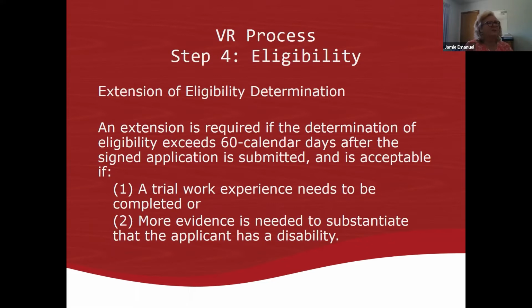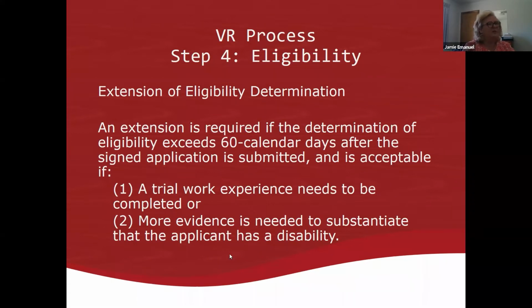If you feel that you can't determine eligibility in that time frame, but you still feel this is a good applicant who should be able to move forward with their application, then that would be the appropriate time to add an extension of eligibility.